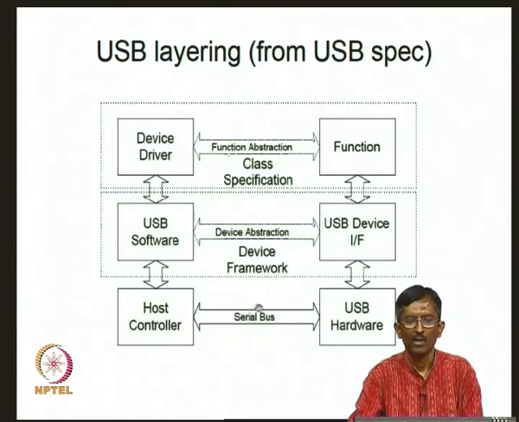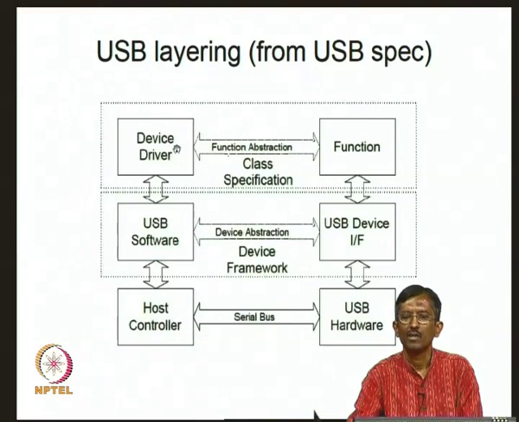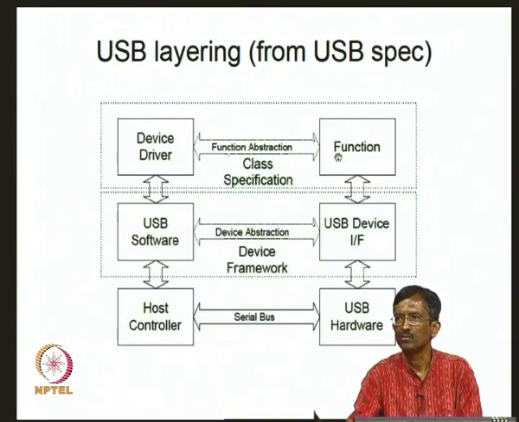And there is a device driver in the kernel. It has a function abstraction of what it is doing. For example, this device driver assumes that there is a capability for accessing certain blocks, some named blocks. That is what it is assuming.